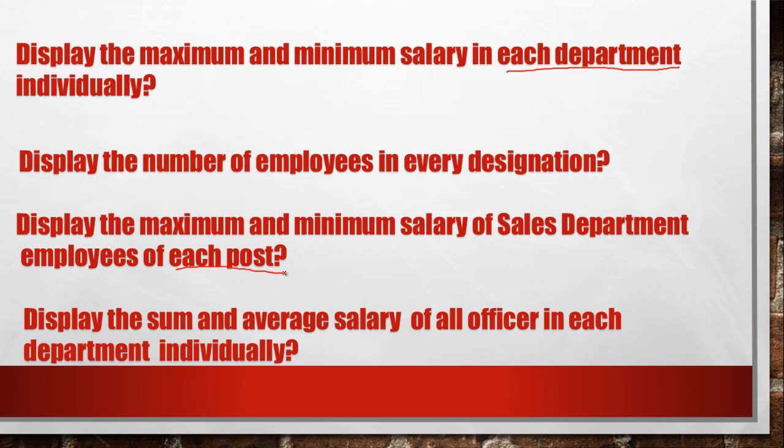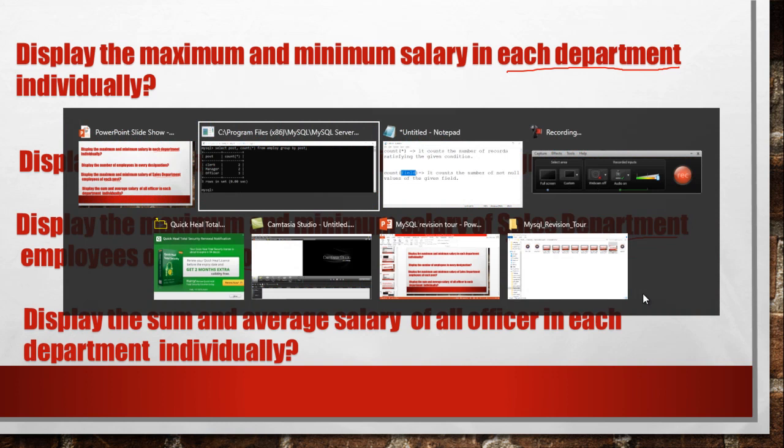So we have to consider only the sales department employees, but out of them we have to make groups according to the post. It means we have to find the maximum and minimum salary of all sales department officers, all sales department clerks, all sales department managers, right? So let's do this question also.